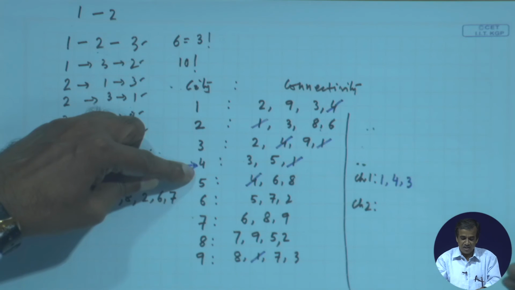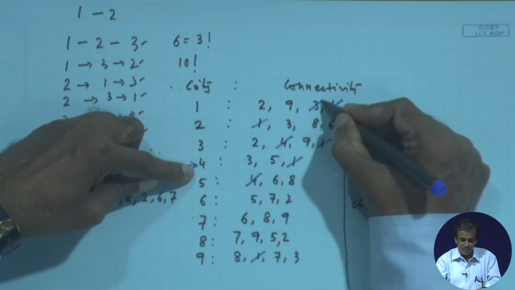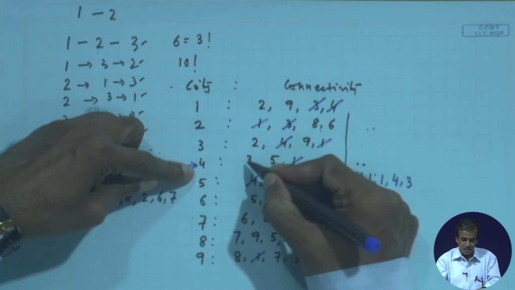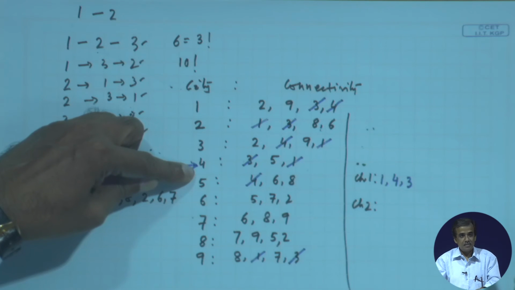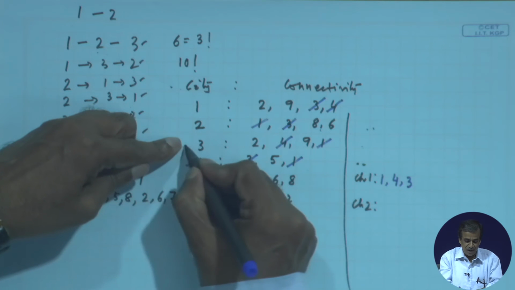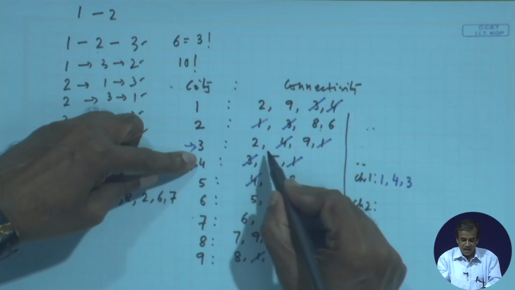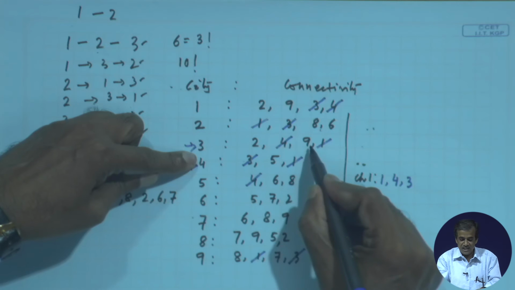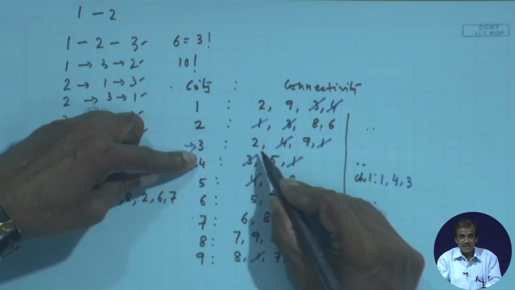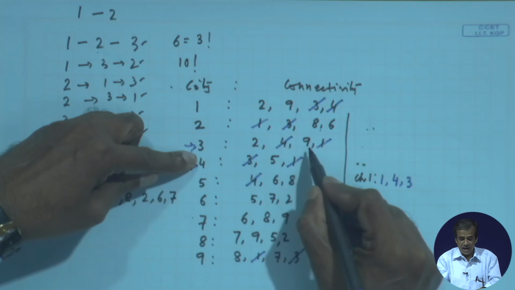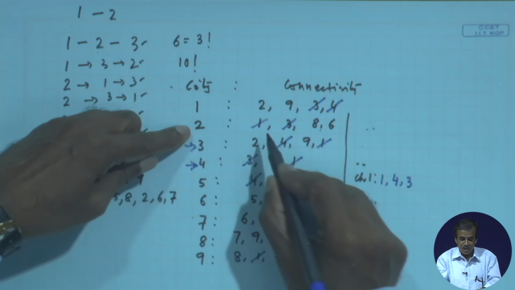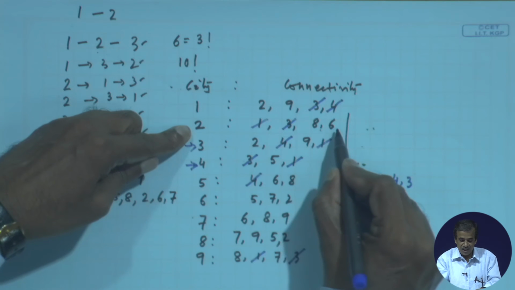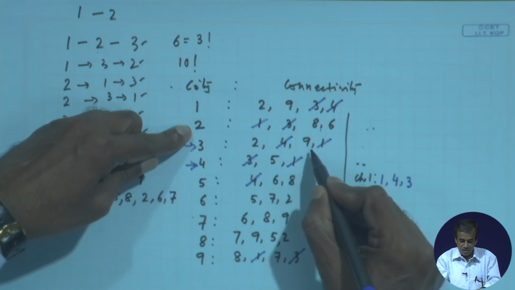Now if I select 3, you remove 3 from here, 3 from here, 3 from here, then 3 from here. Now you see the connectivity of city 3. 3 is connected to 2 and 3 is connected to 9. Now you see 2 is connected to 2 cities, 9 is connected to 2 cities.